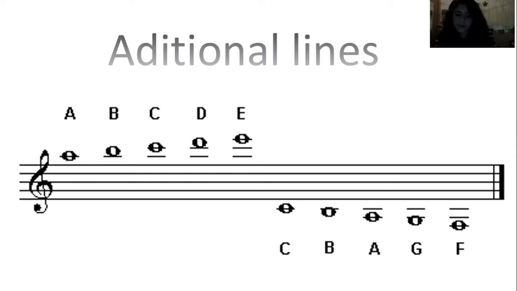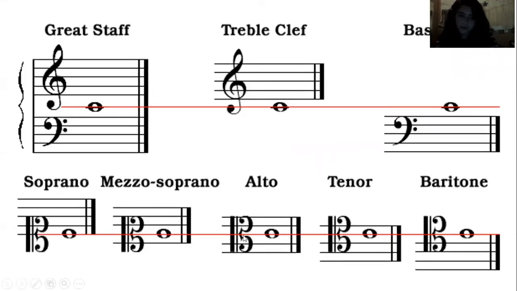And now we're going to talk about these symbols. These symbols are called clefs. This is a very famous symbol. This is the treble clef or G clef. This is the bass clef or F clef. And this is the middle clef or C clef.